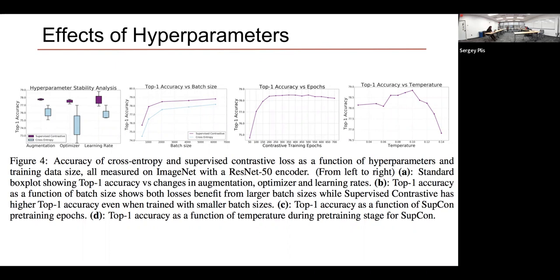And also, if we just look at the batch size effect, for every batch size, supervised contrastive loss outperforms cross entropy based loss.